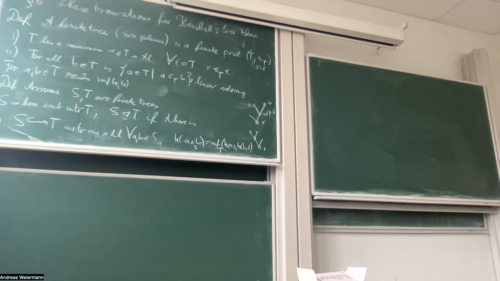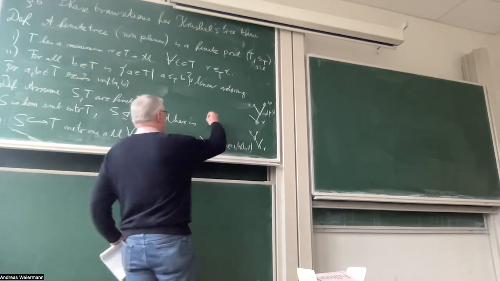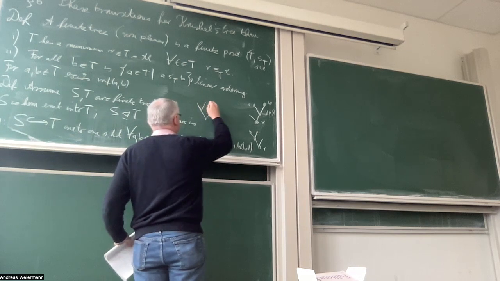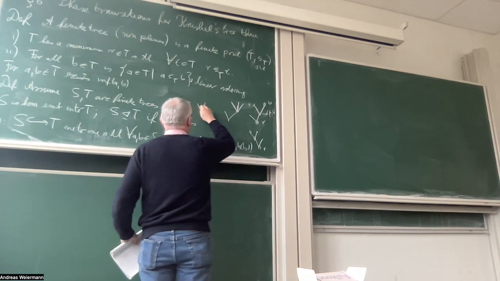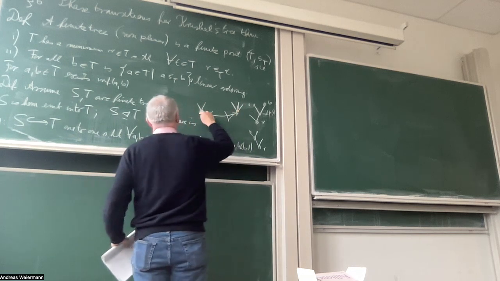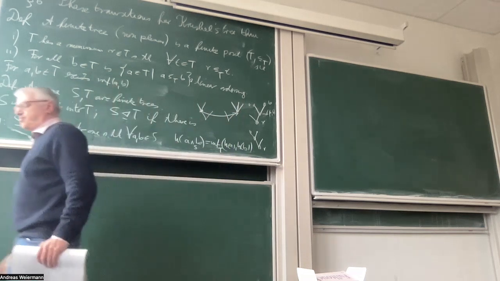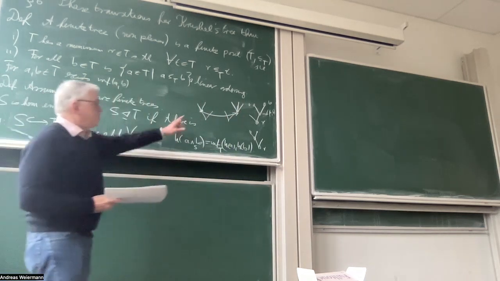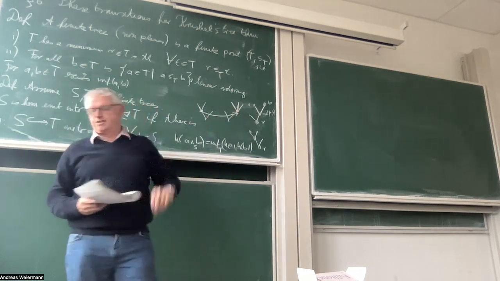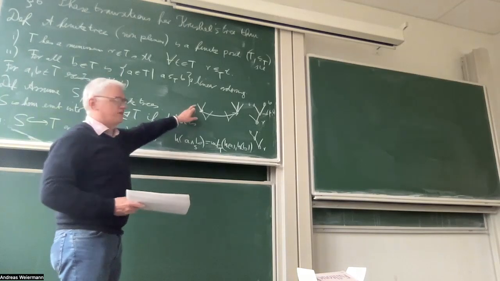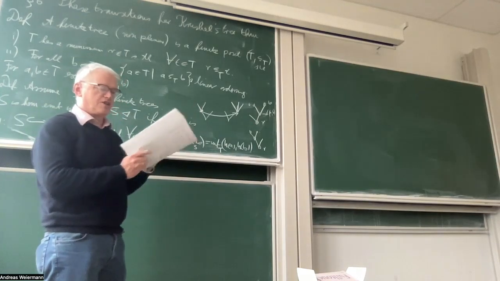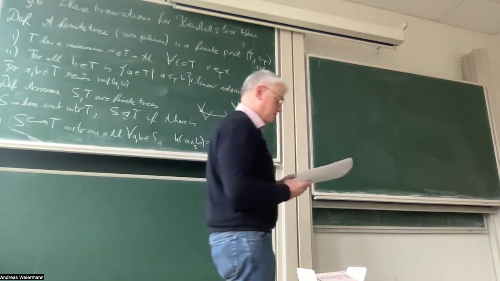But moreover, you can easily show that if you have such an embedding and a node in tree S, say this node maps to this node, and the number of direct successors is 2, then the number of direct successors of the image point has to be at least as big as the number of direct successors in S. So the branching is respected, and the height is respected.